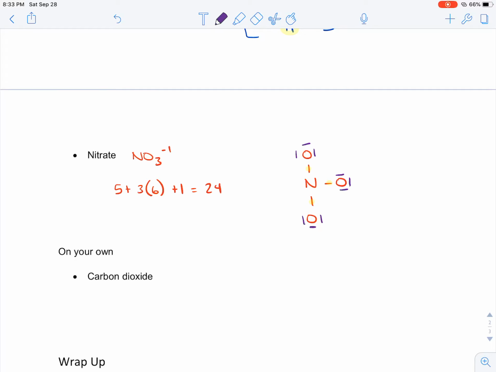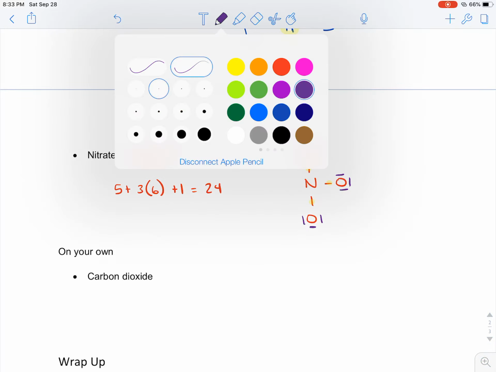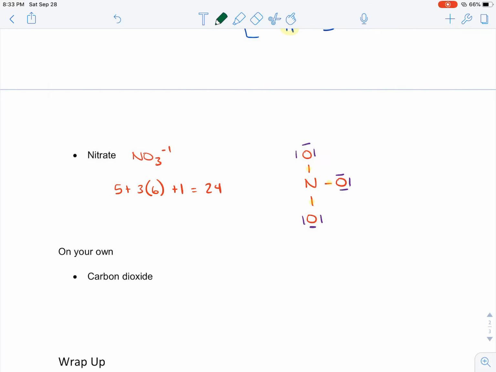At this point, we have now filled our octets of our terminal atoms, and we're ready to do the last step, which is fill our octets of our central atom, but we're out of electrons. We've already used our 24 electrons. So this is where we go back and maybe double bond. So we're going to erase perhaps this guy right here. And now if I put a double bond there, now nitrogen has its 8 valence electrons, and oxygens do as well. And there we have it.